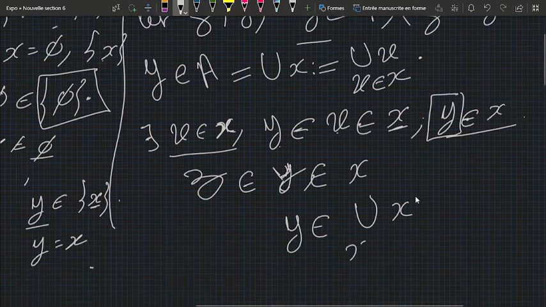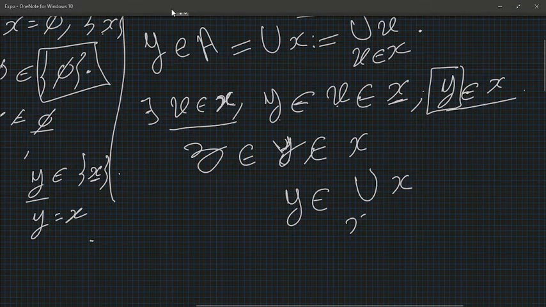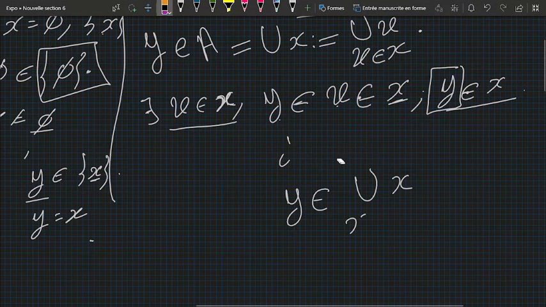So if Y is an element of X, what can we say about Z?